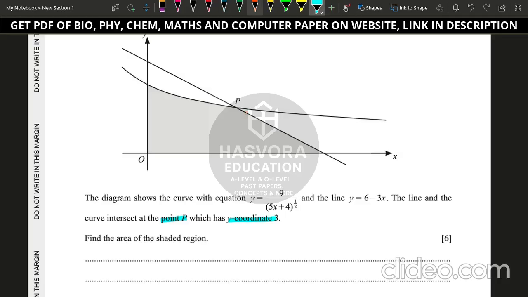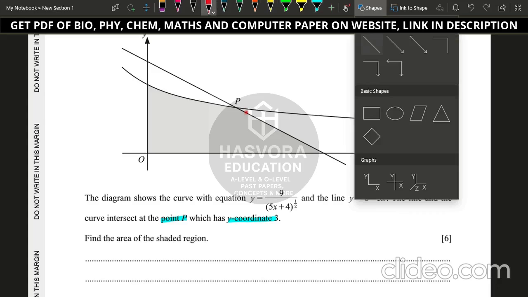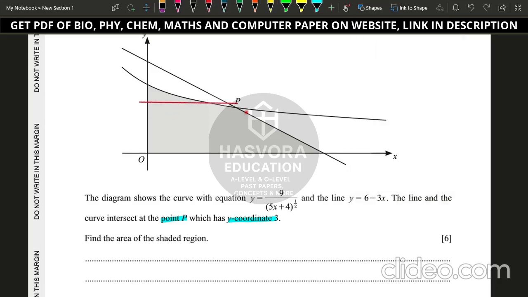So what they are telling us is that P has the y coordinate of 3. Now if I need to find the area of the shaded region, what is going to be my approach?